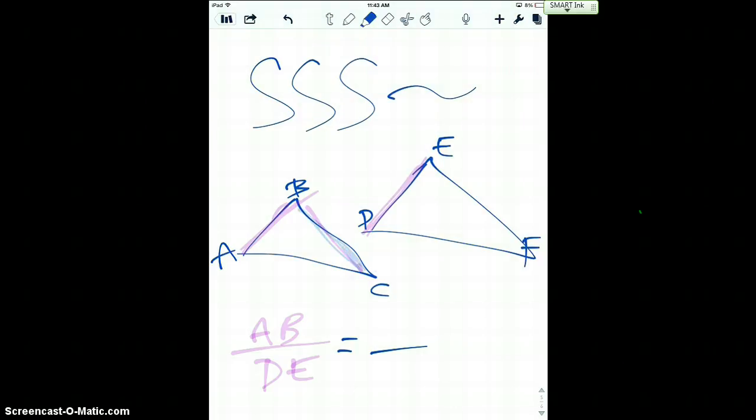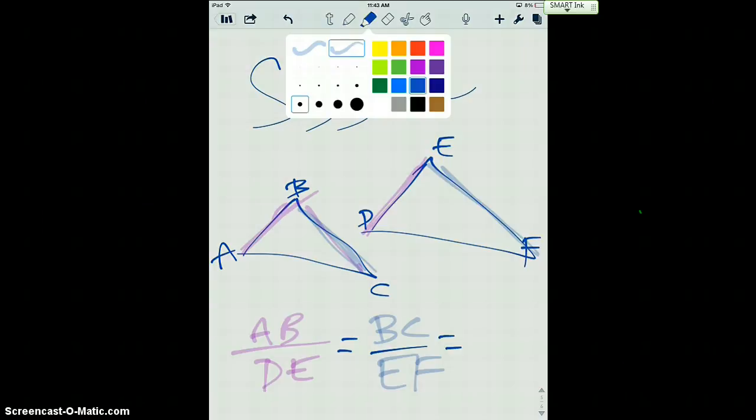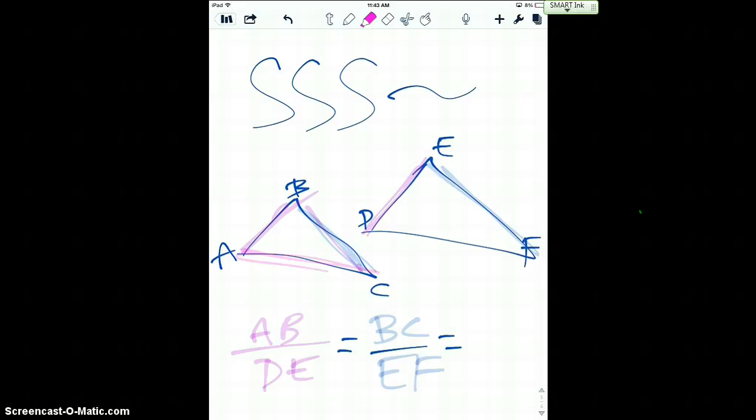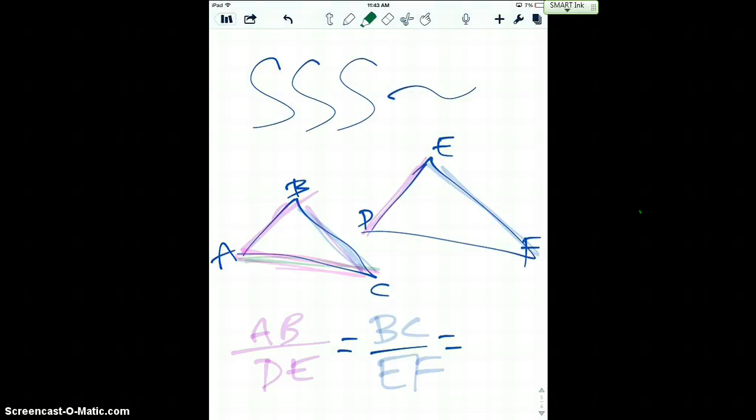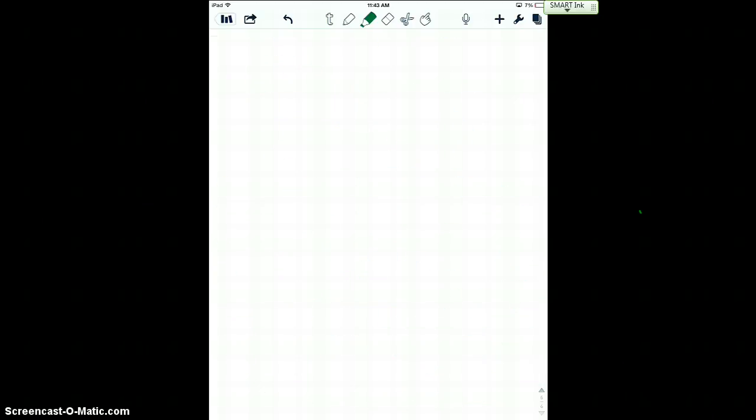Let's pick blue. BC corresponds with EF. Just as, and I need the final set, and so I'm not even looking at any angles. AC corresponds with DF. Okay, so every single side, corresponding sides are in proportion to each other.